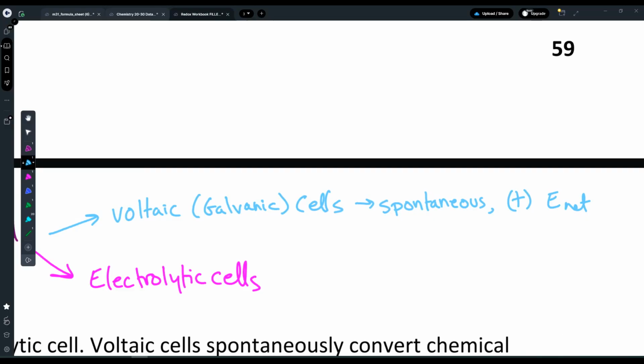Additionally, with voltaic cells, what they're doing is they're taking chemical energy and turning that into electrical energy. So chemical energy gets turned into electrical energy. So E is for energy here.